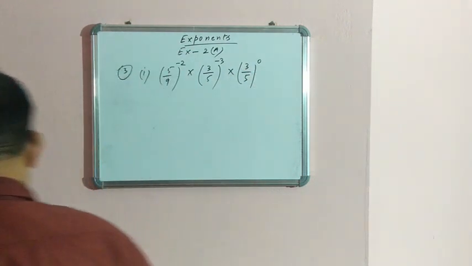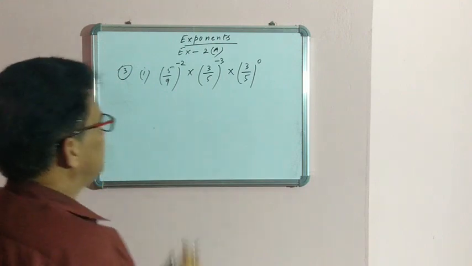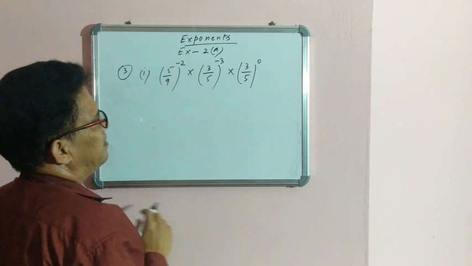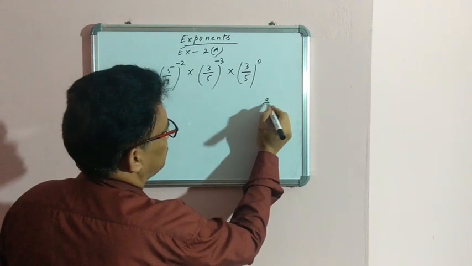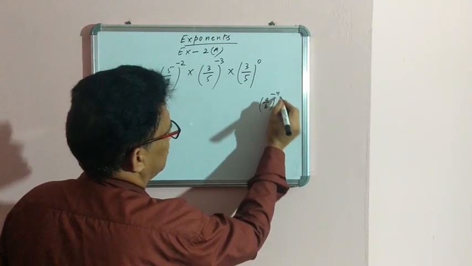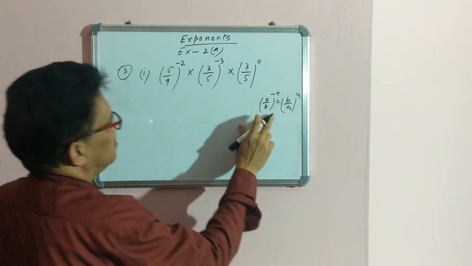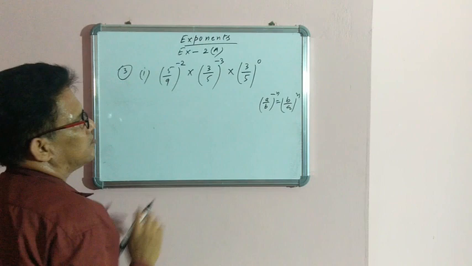So what we can do here, this is (a by b) power minus n, then we can write (b by a) power n. The same thing we will use here and here also.